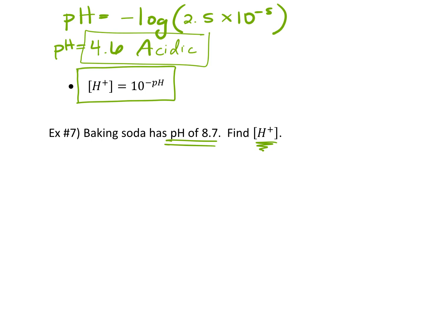So this would be baking soda is 10. Is baking soda acidic or basic? It's a base, right? 8.7, that's closer to the base side. So you're going to plug in 10 to the negative 8.7, because some of you are going to be a little perturbed.